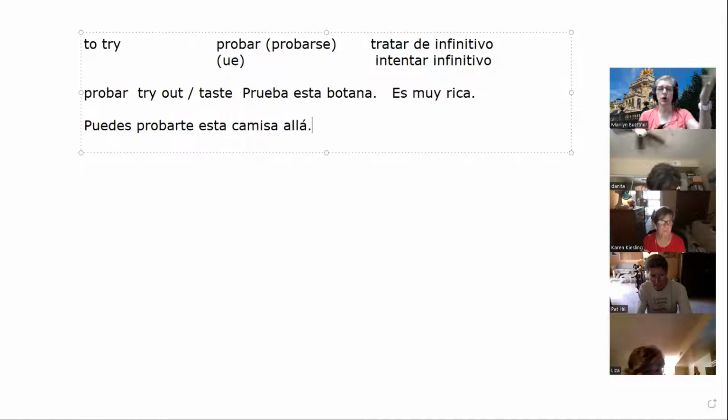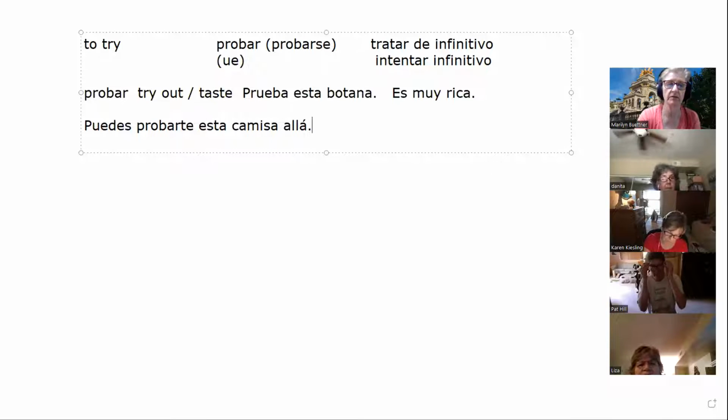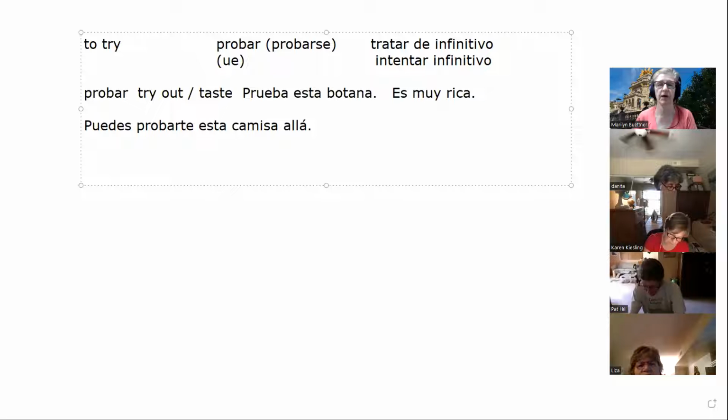You can try on this shirt over there. See? Okay. So probar means you're probably putting something in your mouth or putting something on your body to make sure that the fit is right. Yeah, because we say try on. Okay. So we've got that one kind of solved, right?